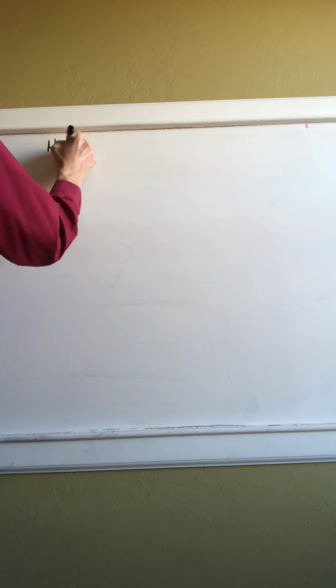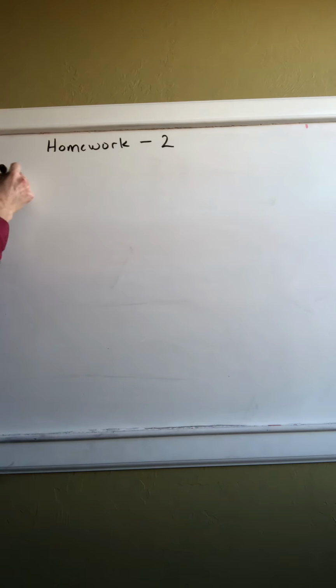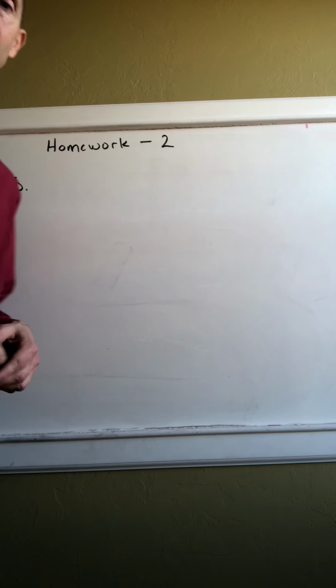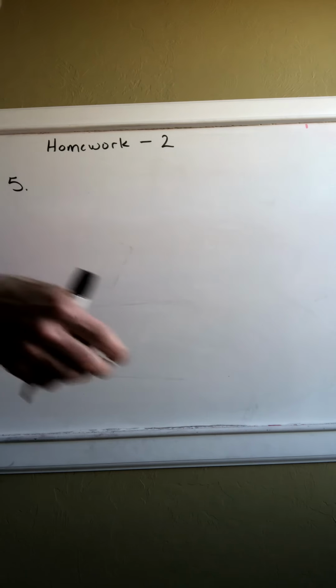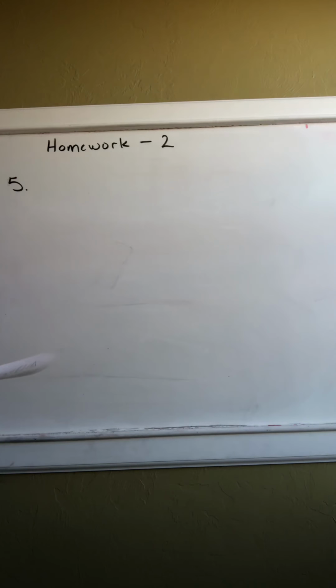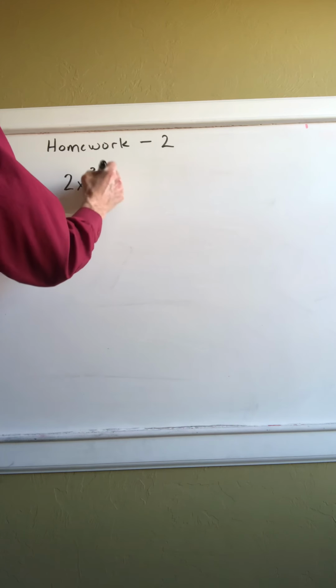So here we go. We're going to label this Homework 2. I believe on Homework 1 we had questions 1, 2, 3, and 4. So for this homework, we've got questions 5, 6, 7, and 8. So Homework 2, numbers get bigger, fraction shows up.